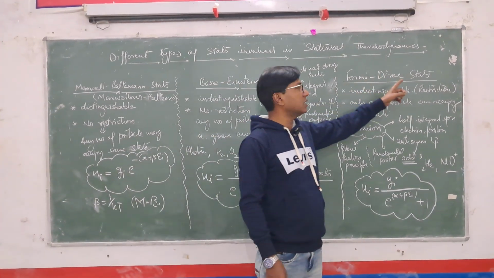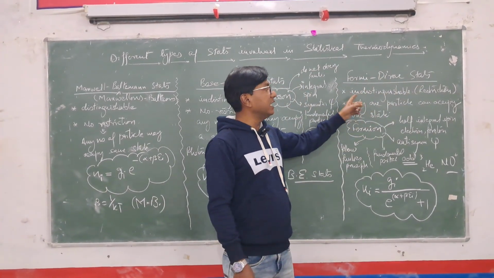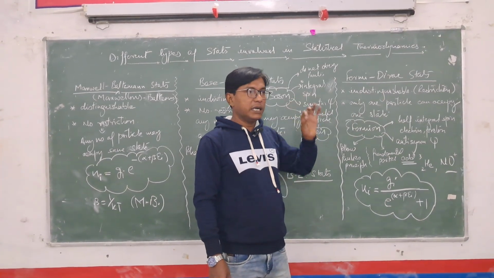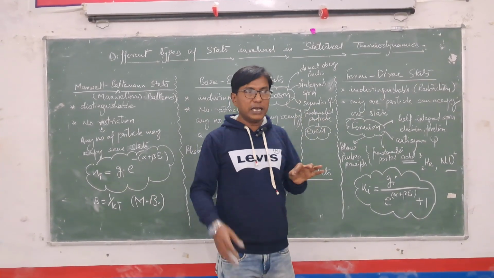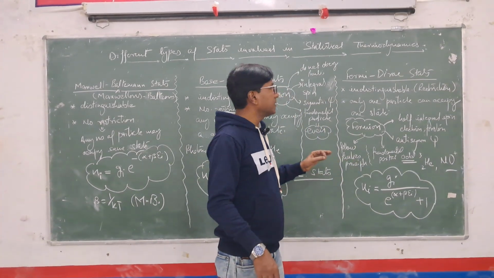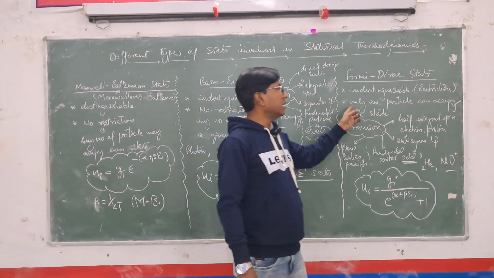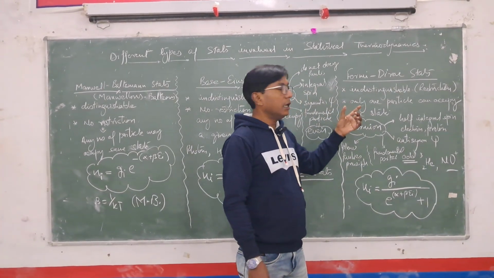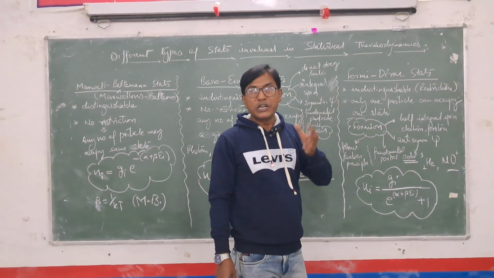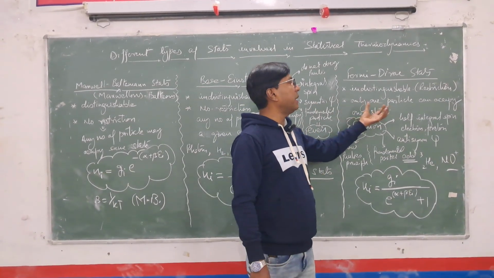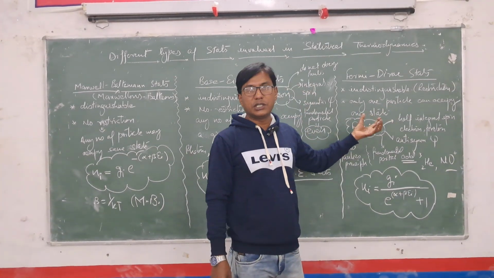In Fermi-Dirac statistics, again the particles are indistinguishable. The particles are identical but indistinguishable as in the case of B stats. Then these particles have some restrictions: only one particle can occupy one energy state.